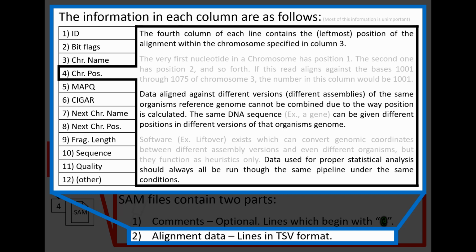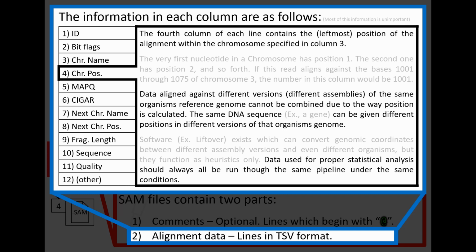The index number works like the coordinates of a one-dimensional map. When a read aligns to a part of a chromosome, it will align to more than one nucleotide, but there is no need to record the indexes of all the nucleotides. Only the leftmost positional index is recorded in the 4th column.